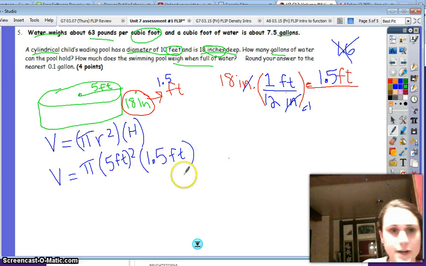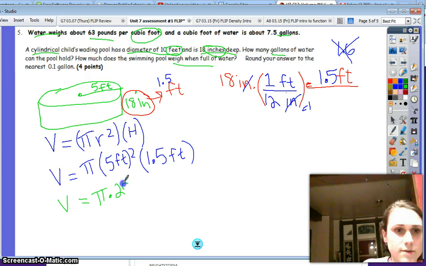Okay, let's switch colors here. Now I'm just going to figure out all these values. So order of operations, parentheses and exponents. What's within my parentheses is already in its most reduced form. So next I go to exponents. 5 squared is 25. Pi times 25. Ooh, and I'm going to write these in parentheses so I don't get mixed up between the dot as a multiplication and then a dot as a decimal. 1.5 feet.